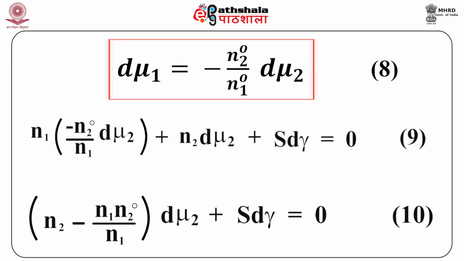Therefore, d mu1 and d mu2 in equations 6 and 7 must be the same. From equation 7, we have d mu1 equals minus N2 naught by N1 naught into d mu2 as our equation 8.